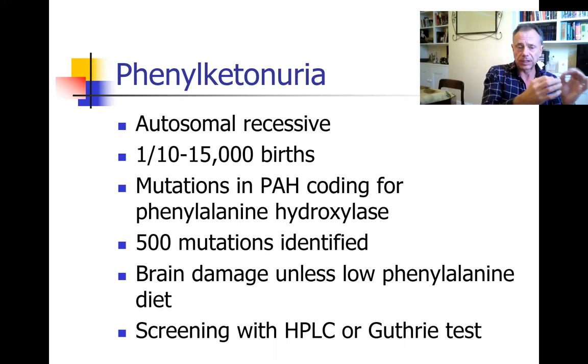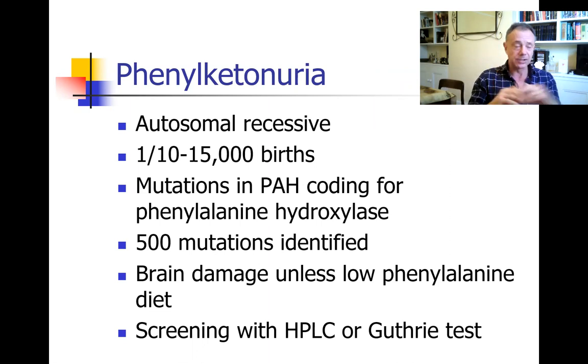If children are diagnosed with phenylketonuria and are given a low phenylalanine diet, so there's not so much phenylalanine in the environment, then they don't develop the phenotype of intellectual disability. So you've got a contribution from the genes, which is the mutations, and a contribution from the environment, which is the phenylalanine. It's a very nice example of gene-environment interaction. So that's one thing about it.